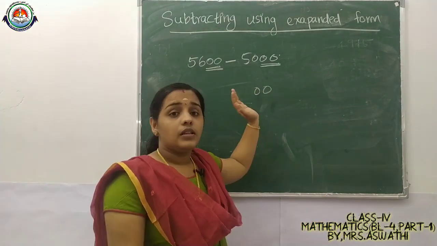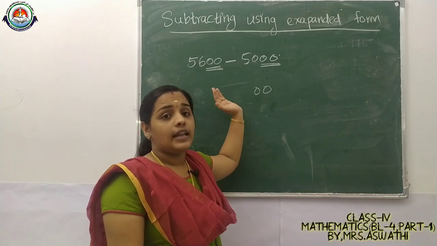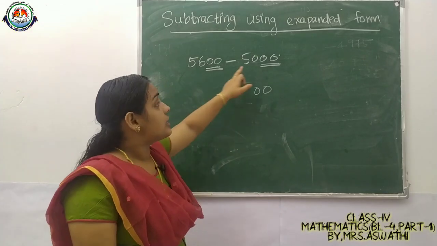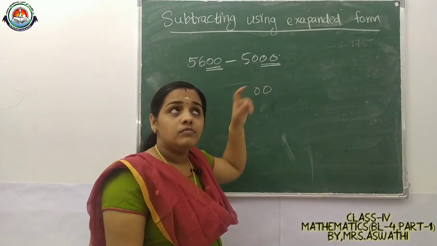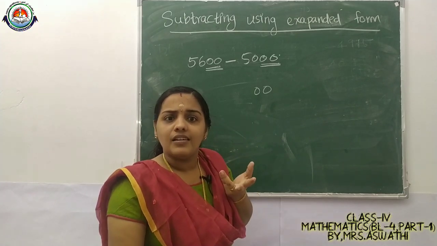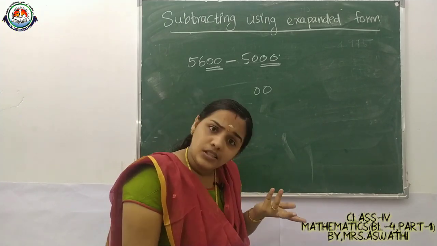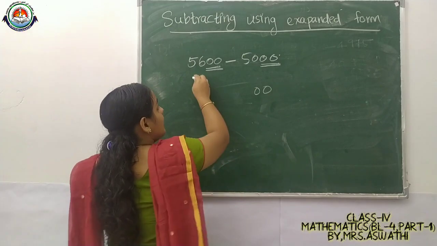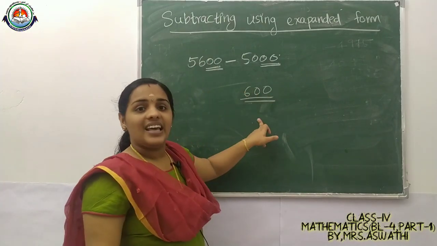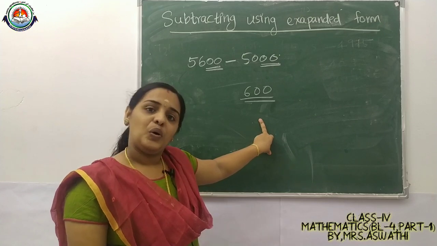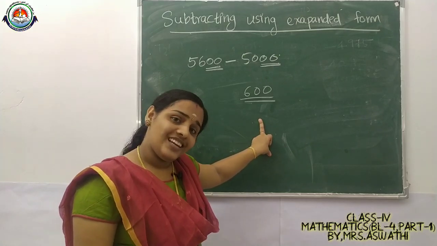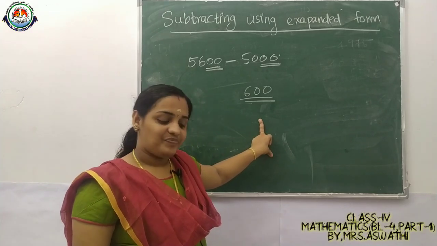Then we find the numbers from the tens, hundreds and thousands places. 56 minus 50 is equal to, we find it easily, 6. So we can write 6 here. So the answer is 600. Okay. Do you understand it? Okay.